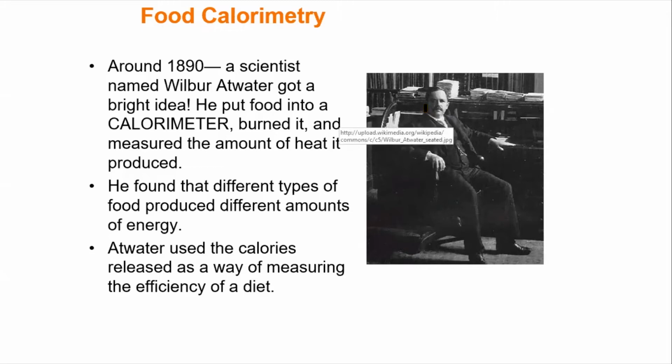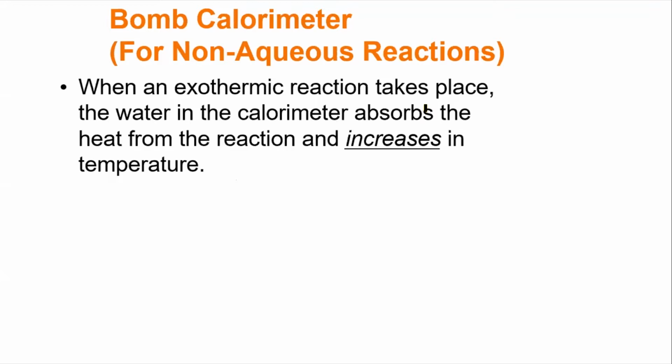Okay, let's go back to our bomb. Remember, the reaction that happens in the calorimeter is going to be an exothermic reaction. Don't forget, exothermic. Heat is going to be released by my reaction into the tank. The water in the calorimeter absorbs the heat, and of course, its temperature increases.